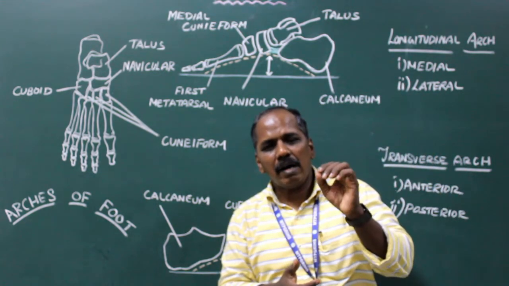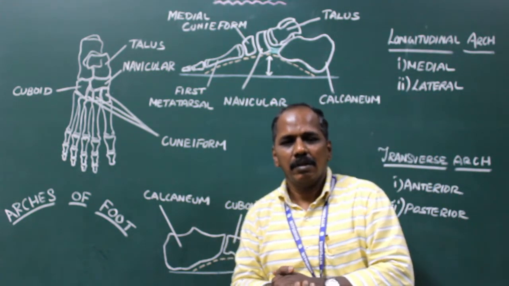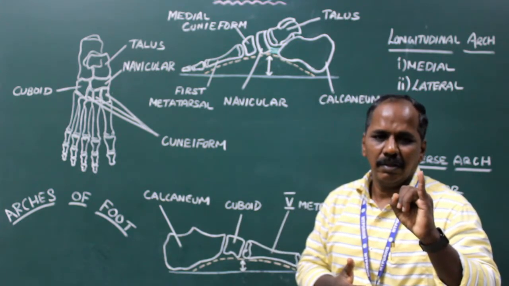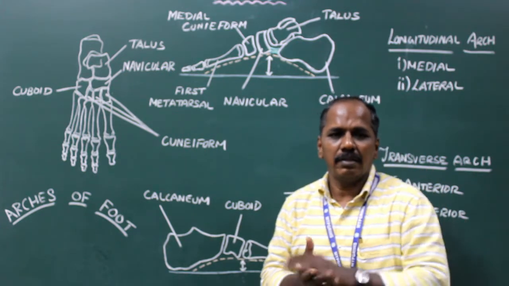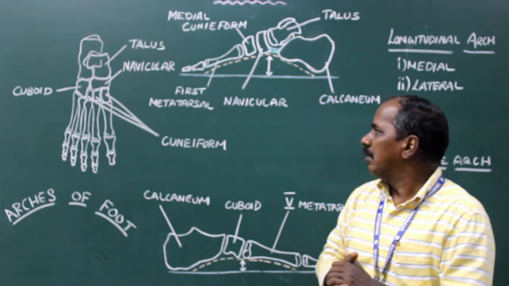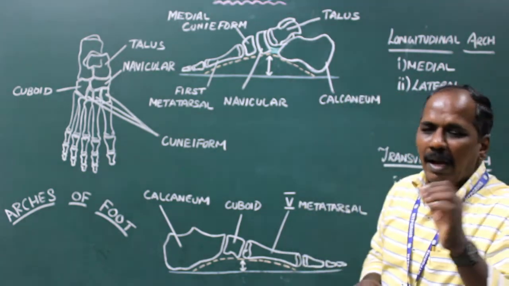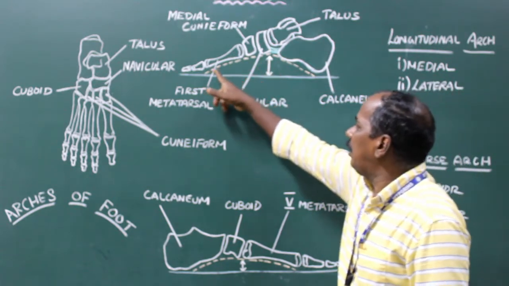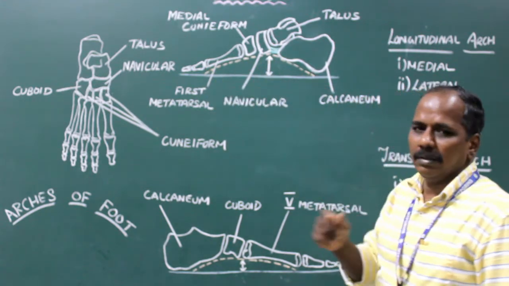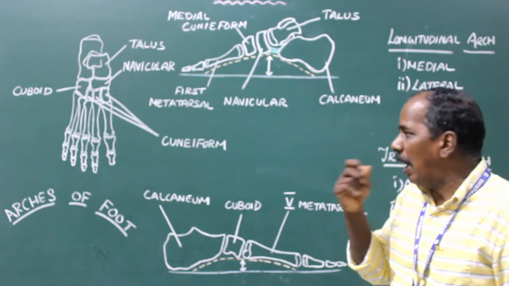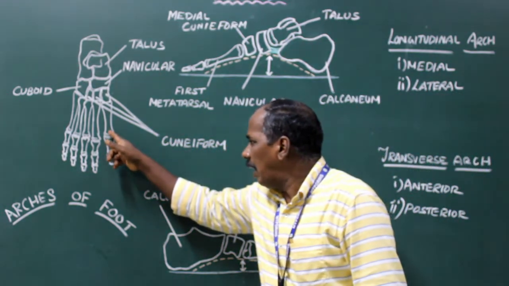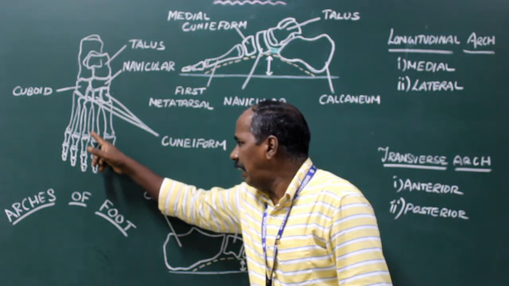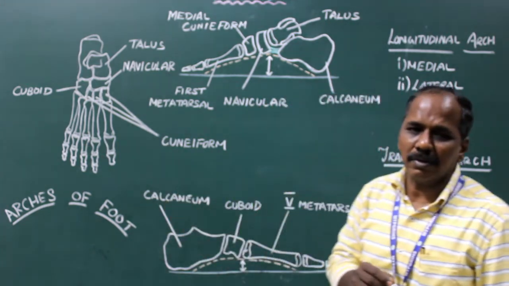The longitudinal arches consist of two pillars, a summit, and joints. Medial longitudinal arch: it consists of two pillars, the anterior and the posterior pillar. The anterior pillar is formed by the heads of first, second and third metatarsal bones.